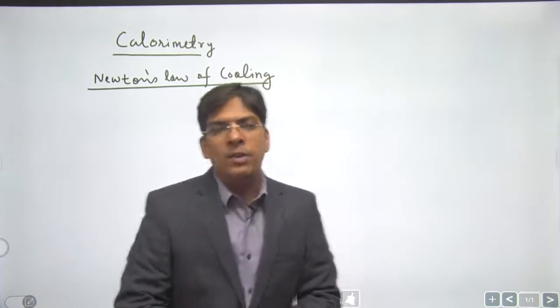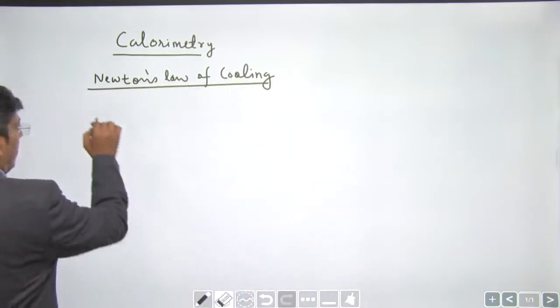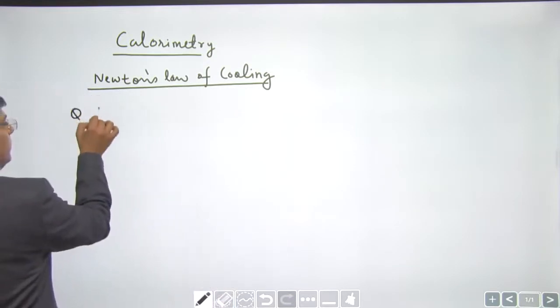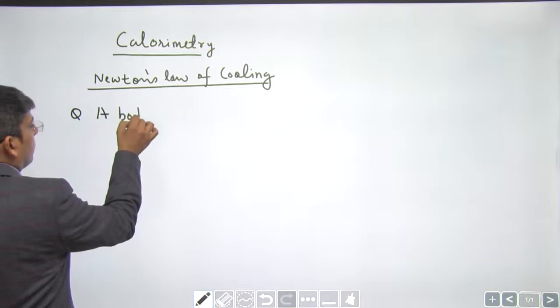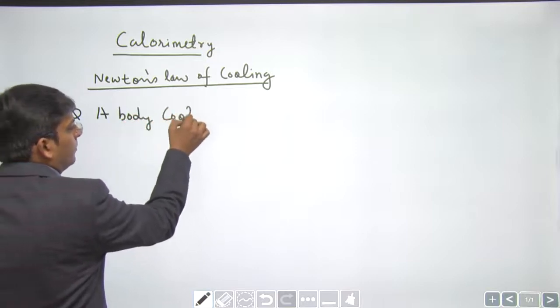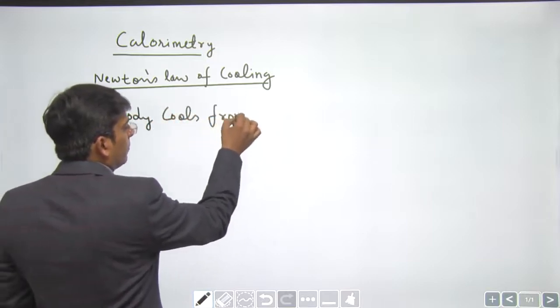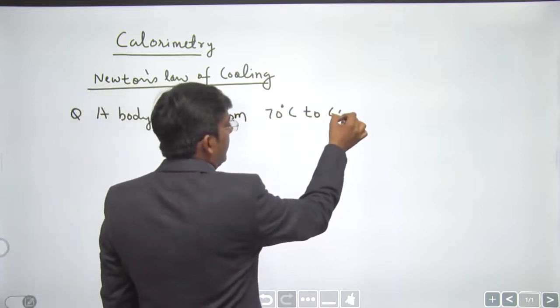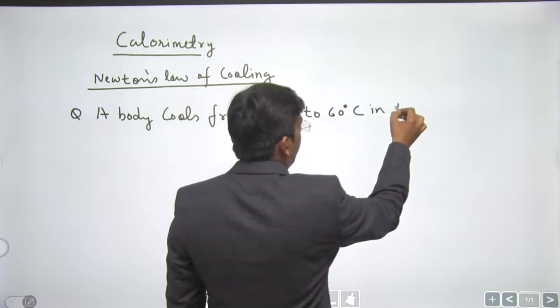Dear students, let us do a simple numerical based on Newton's law of cooling. A body cools from 70 degrees Celsius to 60 degrees Celsius in 10 minutes.